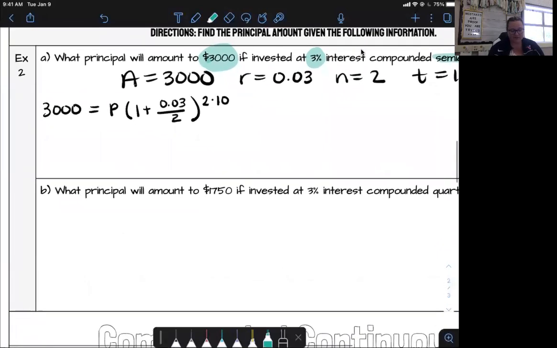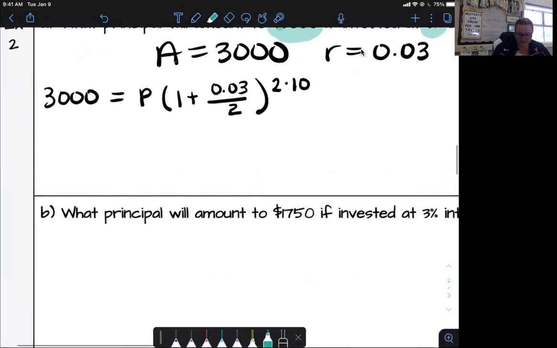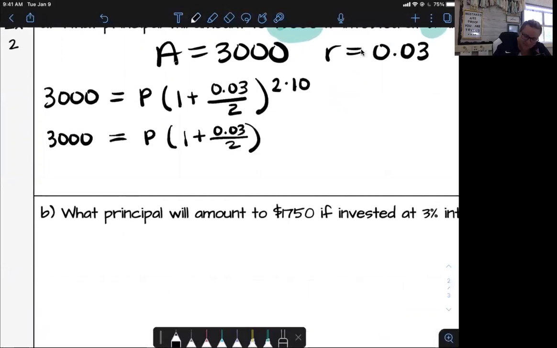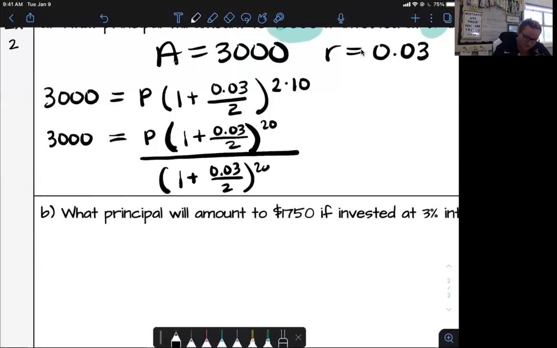All right, so now we have to solve this equation for P. So here's what we should do. We're going to take 3,000 is equal to P times 1 plus 0.03 divided by 2 to the 2 times 10, which is the 20th power. To get P by itself, P is being multiplied by this. So to cancel it, I'm going to divide both sides by 1 plus 0.03 divided by 2 to the 20th.